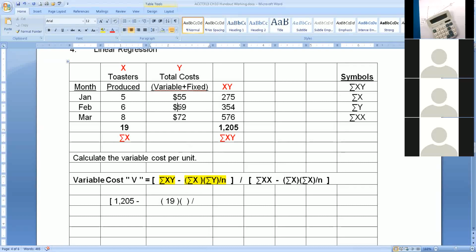Okay, so 55 plus 59 plus 72 equals some number. 186. So that's the sum of y.